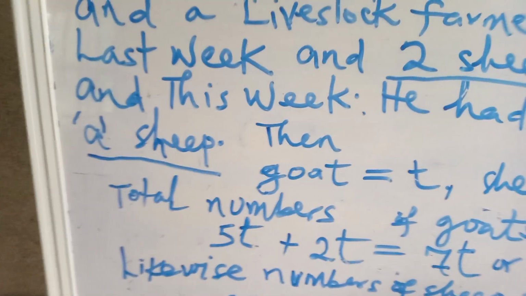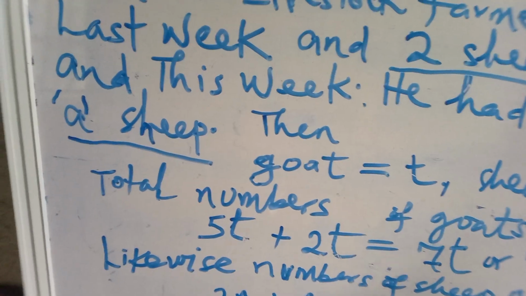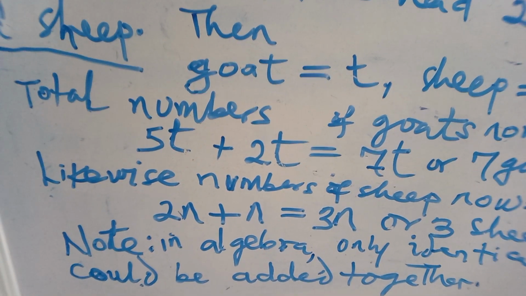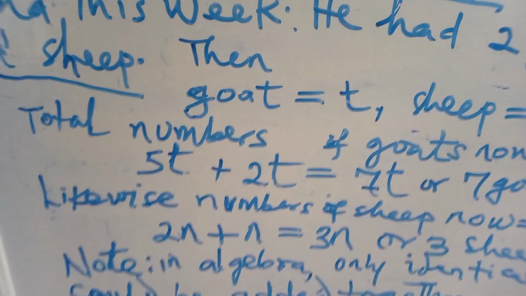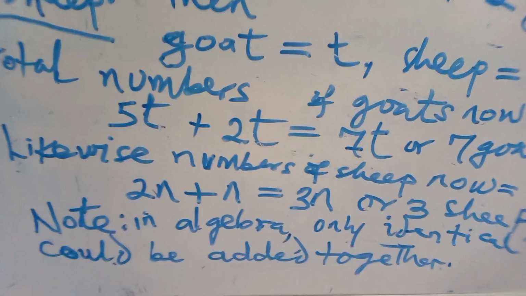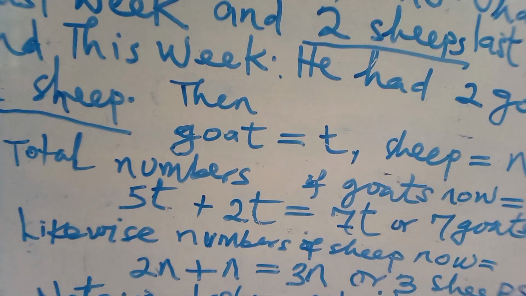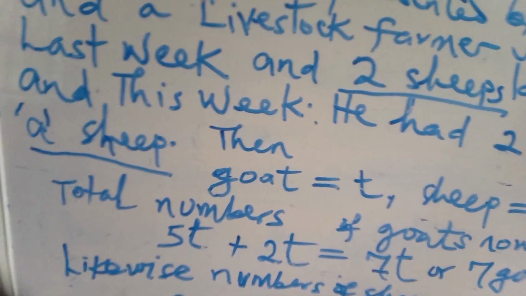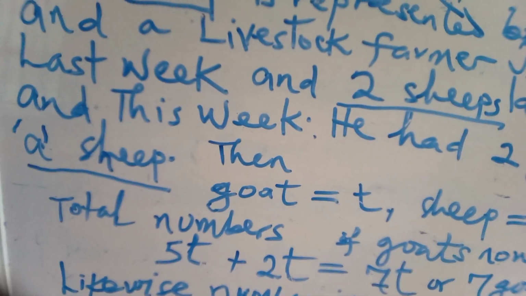Note this special thing we should remember while carrying out addition in algebra: we can only add together identical objects. Only identical items can be added together. In this case, you can only add goat to goat. You cannot add goat and sheep.